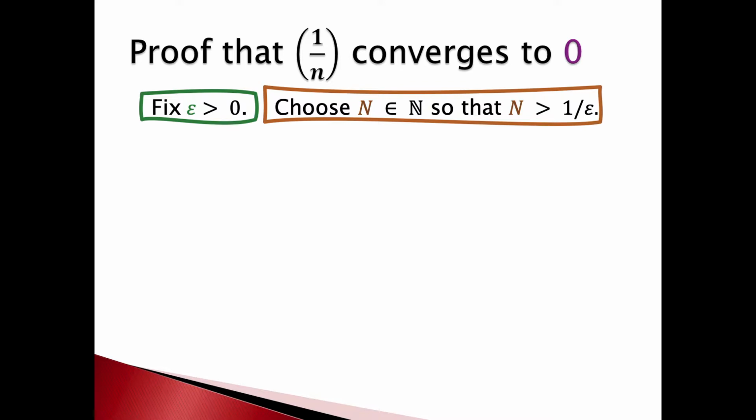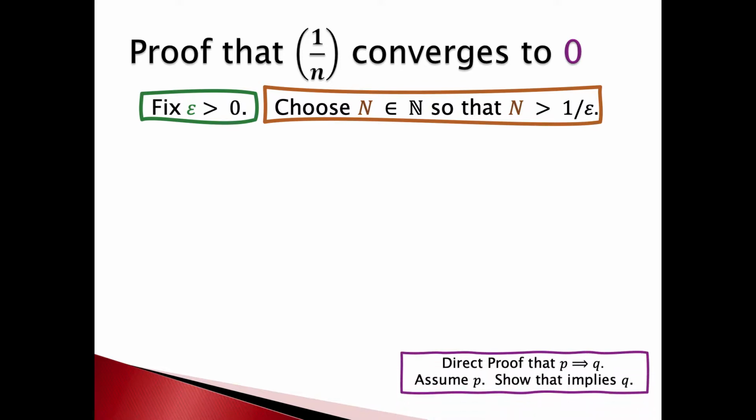So N should be a positive integer, again telling me how far out to go in my sequence. This is why I say just pick any positive integer you want to, so long as it's bigger than that 1 over epsilon. And again, 1 over epsilon may be some weird decimal number, so you could say pick the next biggest integer. That'd be fine too, but people usually don't. They just say grab any integer you want to, so long as it's bigger than 1 over epsilon.